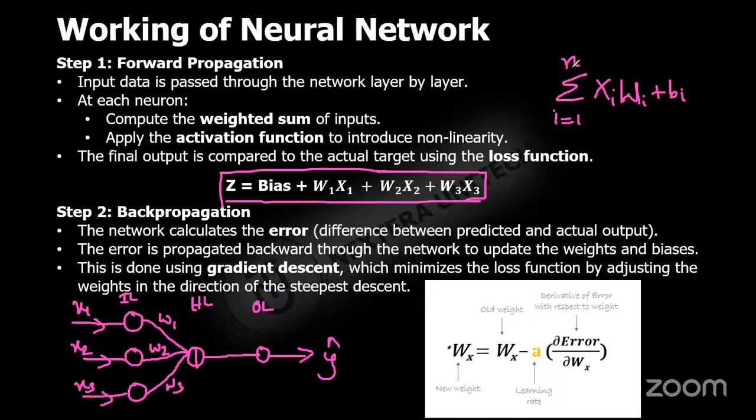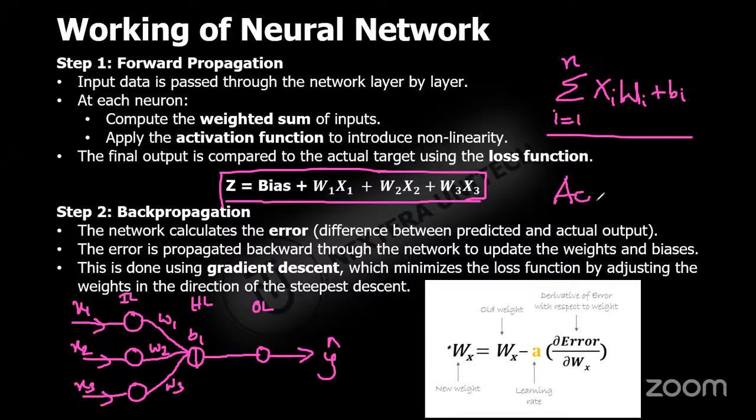So what exactly happens is x1 will be multiplied with w1, x2 with w2, x3 with w3, and the bias for this neuron gets initialized again randomly. All these values get summed up, and this value will be the input for the activation function.